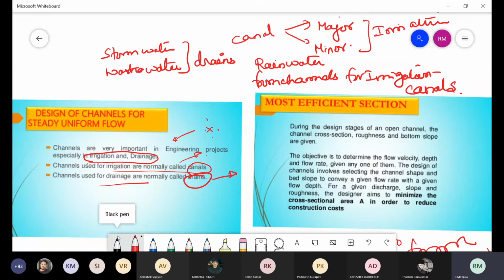We need to design both canals as well as drains for engineering projects. Both designs are essential for the engineering projects.